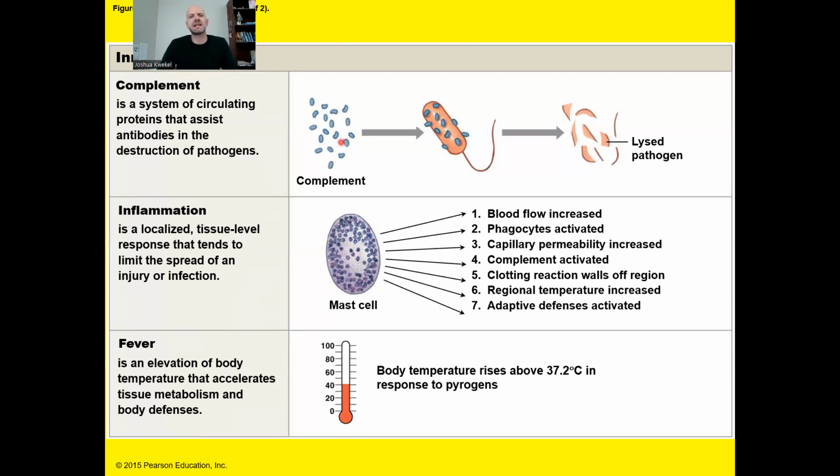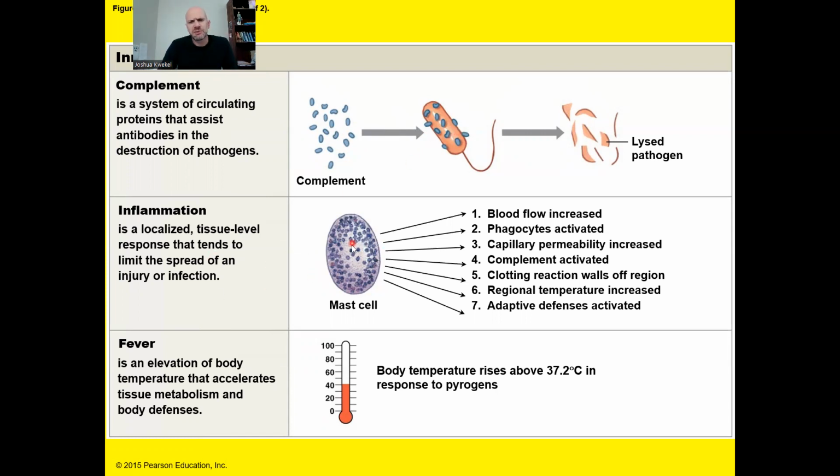The complement cascade activates these proteins in a sequence of events, and they can form something called a MAC, the membrane attack complex. It's essentially like a big drill. It bores a hole into the E. coli here, causing the cell to lyse.